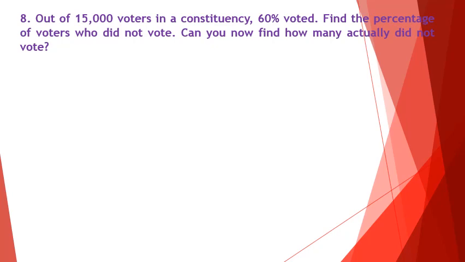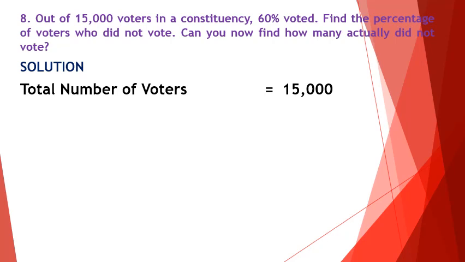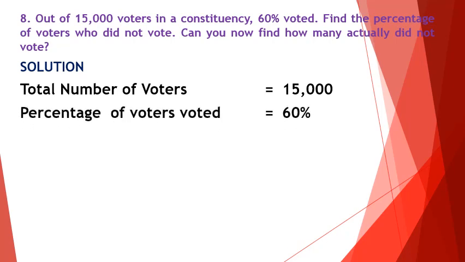Next, question number 8. Out of 15,000 voters in a constituency, 60 percentage voted. Find the percentage of voters who did not vote. Can you find how many people actually did not vote? So it is given that total number of voters in a constituency equal to 15,000. Percentage of voters voted equal to 60 percentage.